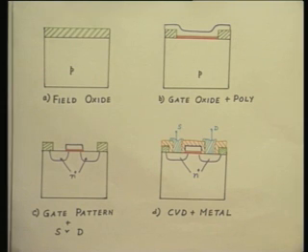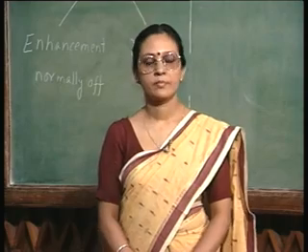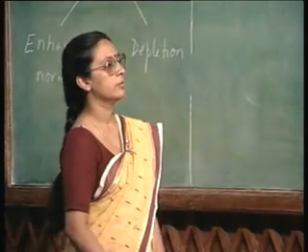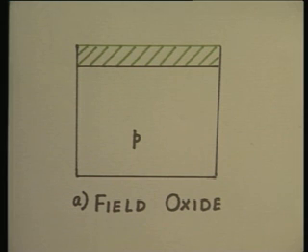Now, if we look at the polysilicon gate MOSFET technology, looking at card number 2, you can see that the first step is the same, that is the field oxidation. Notice here I have changed the substrate from N to P type.